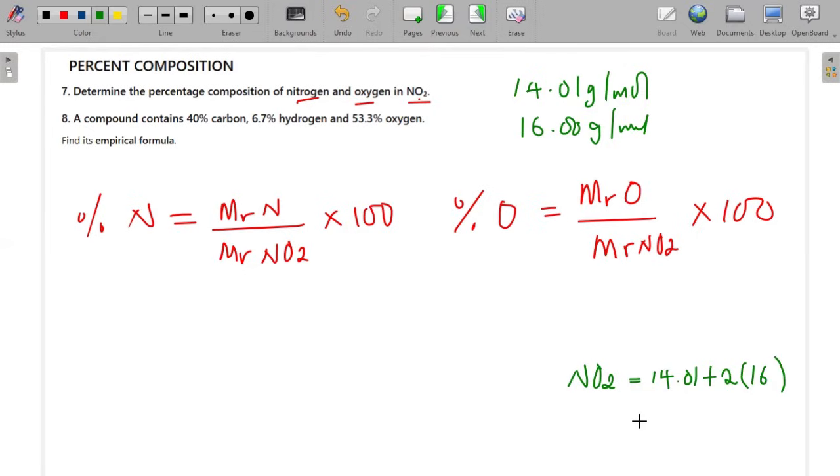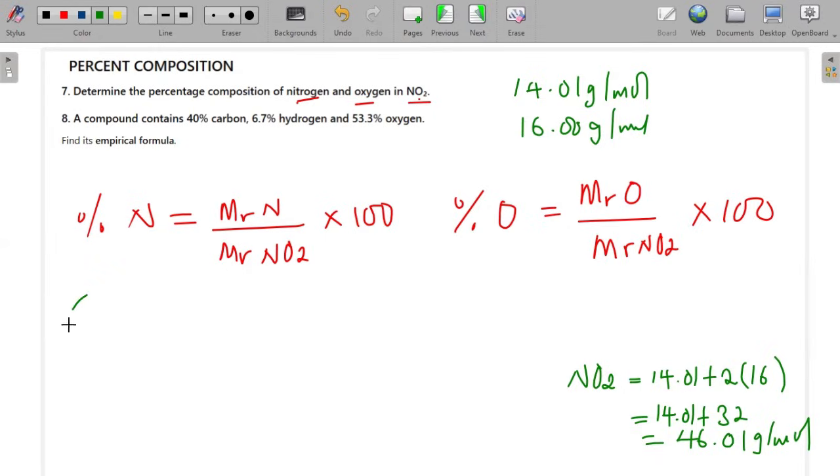So this is 14.01 plus 32, which gives 46.01 grams per mole. That is the molar mass of NO2.